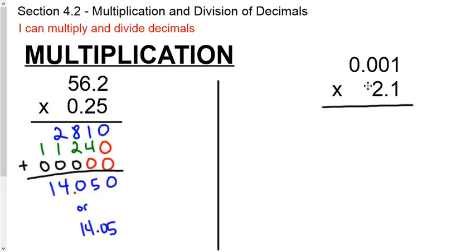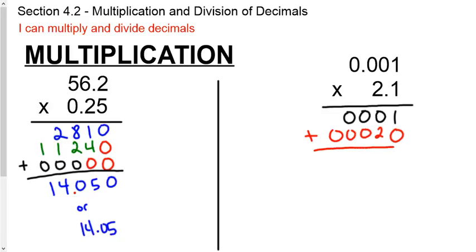1 times everything on top. So that's a 1, 0, 0, 0. Now, don't forget to come back through and put your placeholder in there for the 0 for the second round. And 2 times 1 is 2. And 0, 0, 0.